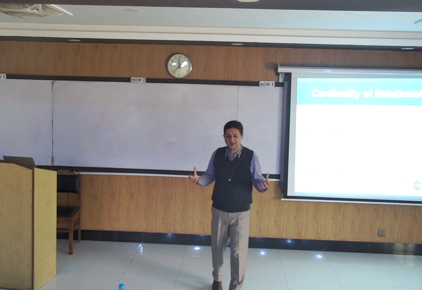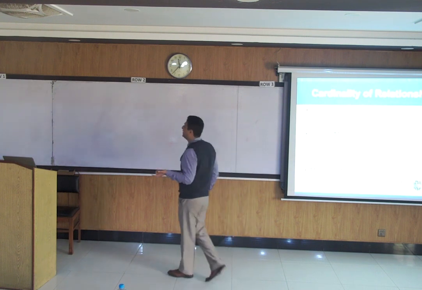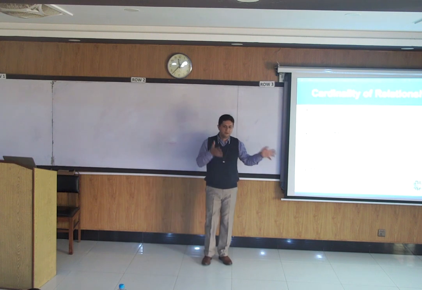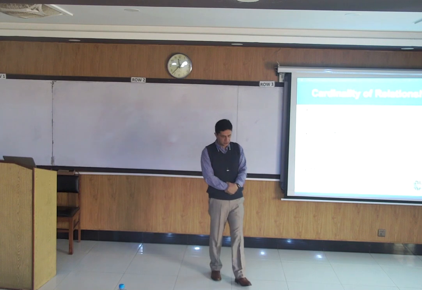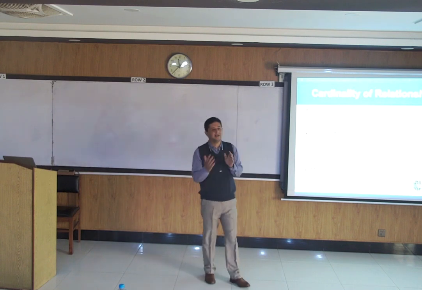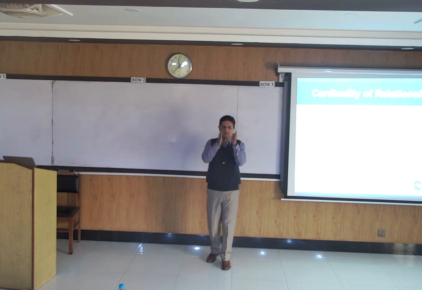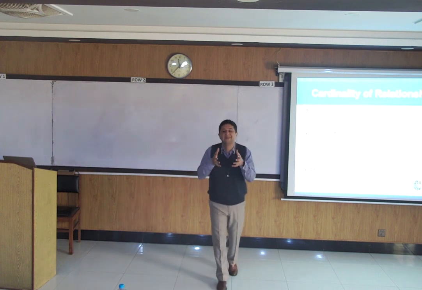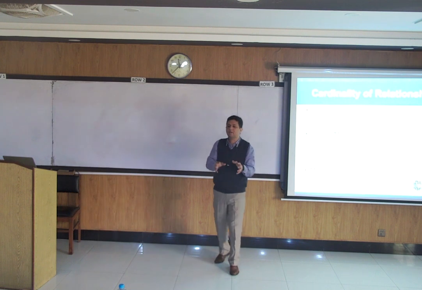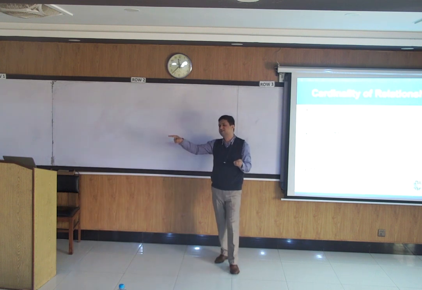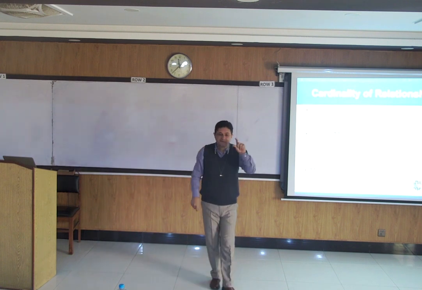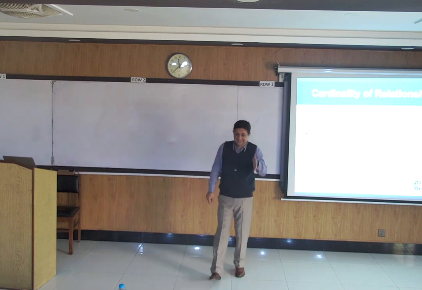So whenever we try to model this cardinality, the maximum cardinality, we shall try to model that from both sides of the relationship. Okay, so starting from one side, we shall see what is the maximum possibility, that how many maximum instances from the other side can be related to one instance from this side.